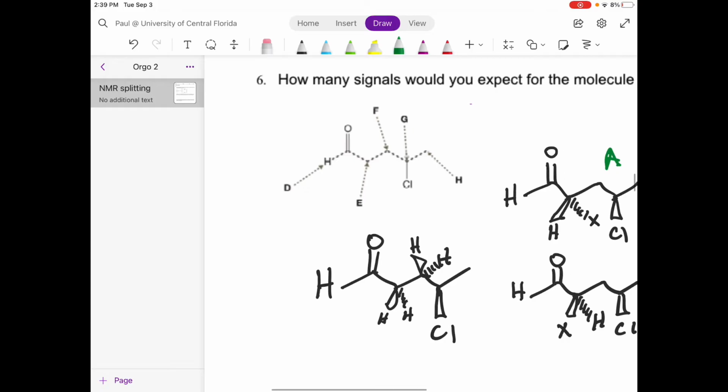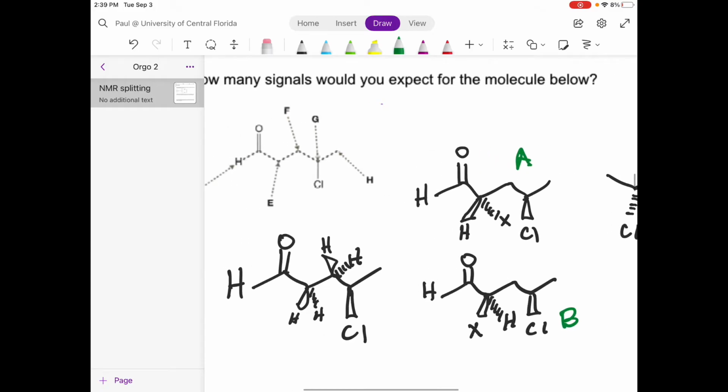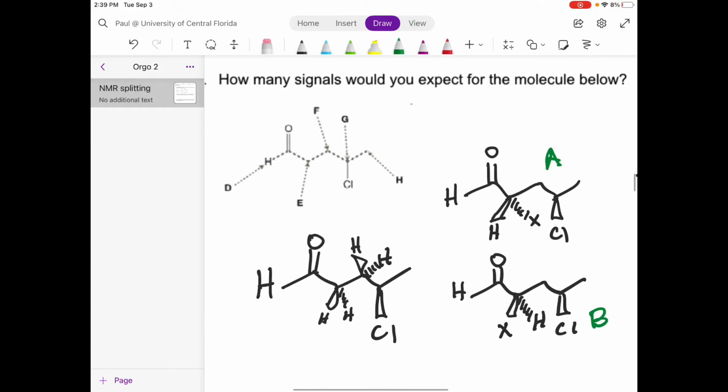So if those are diastereotopic, then they are not equivalent, hence giving two separate signals. So we say signal A and signal B. So those two protons right there, two different signals. You'll do that same replacement test with the protons above here, and you will find also that those are diastereotopic. And the proton for the aldehyde is just one proton.